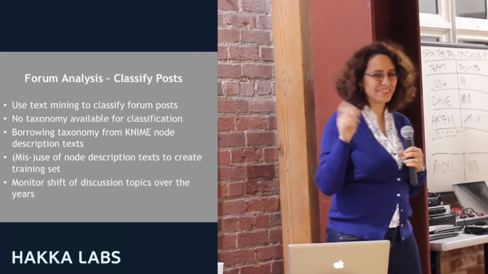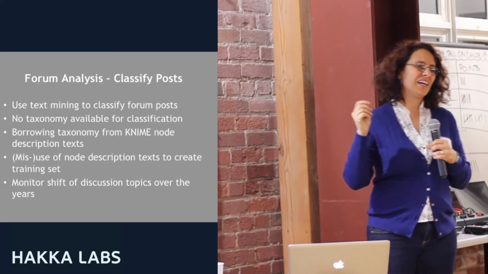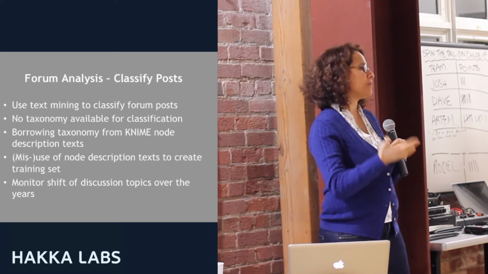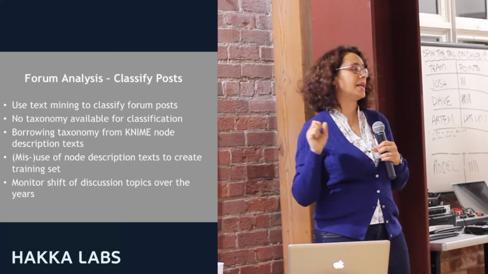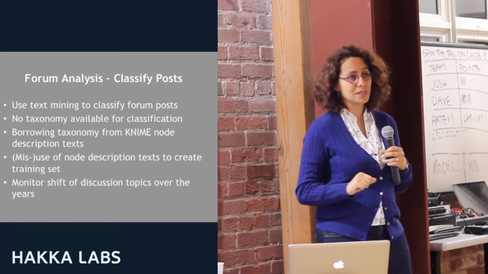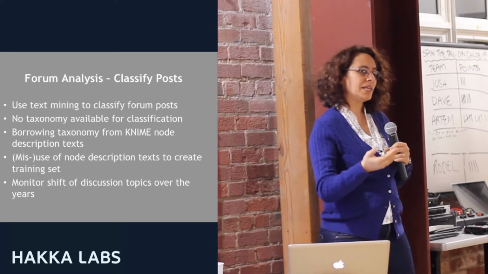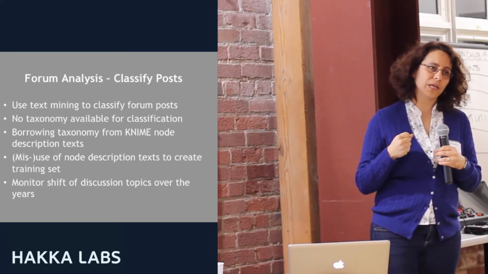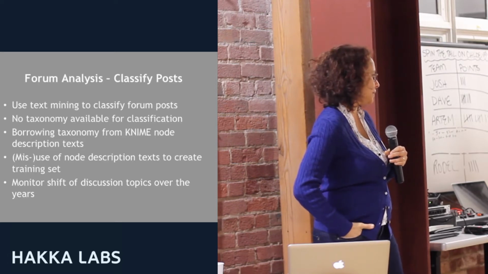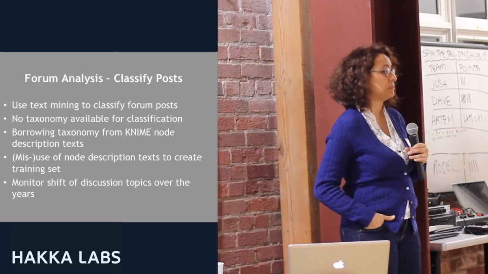So I thought I could use this description as my training set, so I train my model on the descriptions of the KNIME nodes. More or less it's the same topic, because people are going to ask about the nodes. Then I'm going to apply the model I have trained on the node descriptions to the posts that people are posting on the forum.